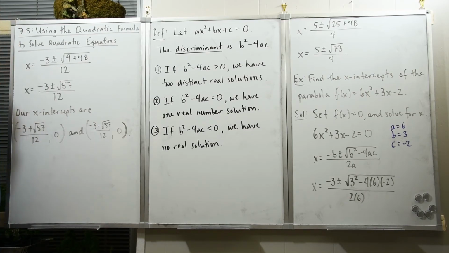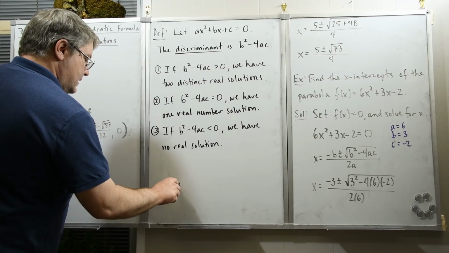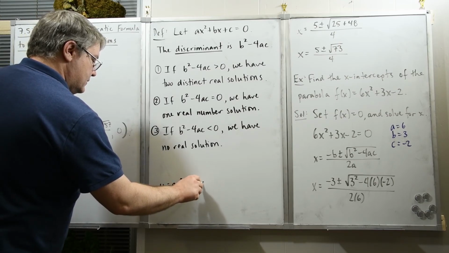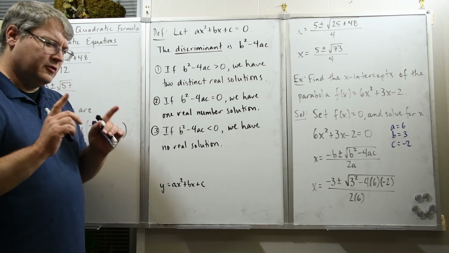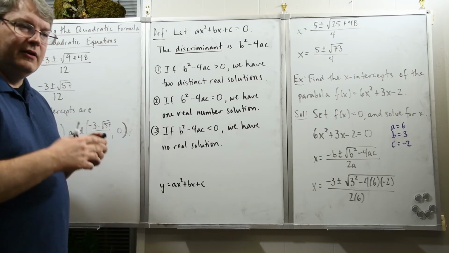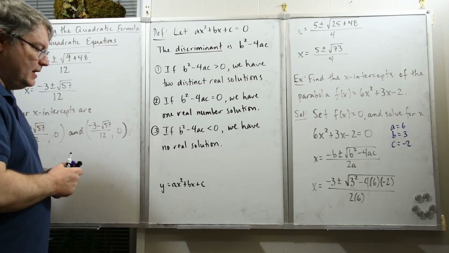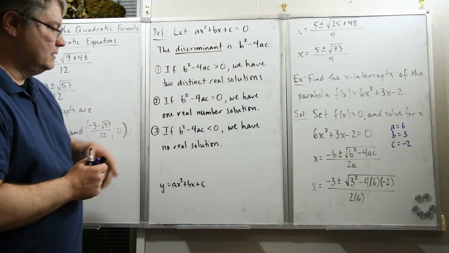So geometrically, remember what's happening though. Let's say y is ax squared plus bx plus c. If we set y equal to 0, well, remember where we've seen that before. Set y equal to 0, solve for x, you're finding x-intercepts. So if I set y equal to 0 here, I've got precisely this equation.